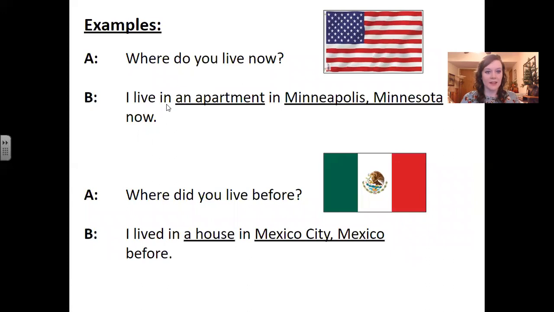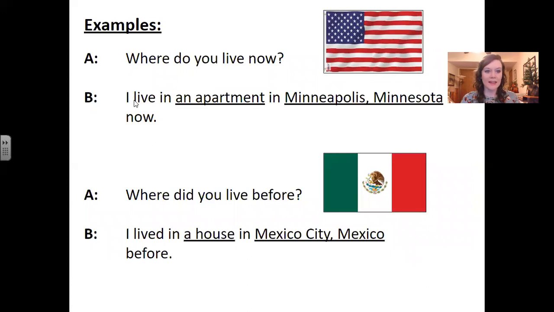I live in an apartment in Minneapolis, Minnesota now. So Minnesota is in the United States, and the city is Minneapolis.